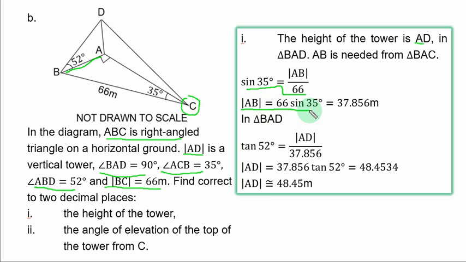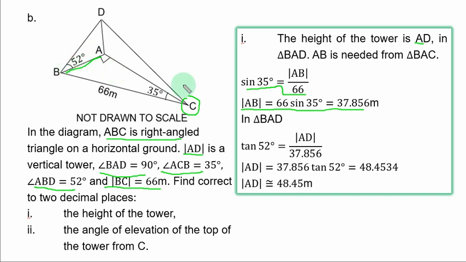If you multiply, you have 37.856 meters. Now that we know AB, we can get AD by considering triangle BAD. The question stated that angle BAD is 90. That means triangle BAD is also a right angle triangle, where this AD is the opposite, that is facing 52, and AB is adjacent.